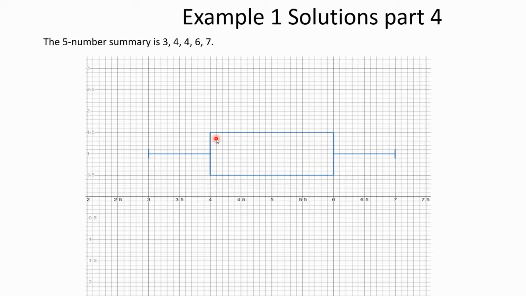Okay. Are there any questions on this example? Yes? So for the 5-number summary, the 3 and the 7 are the minimum and the maximum? Exactly. And then 4 is Q1, the other 4 is Q2, and the other one is Q3? Exactly.